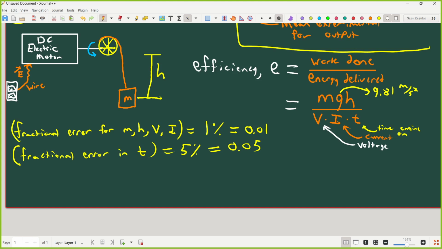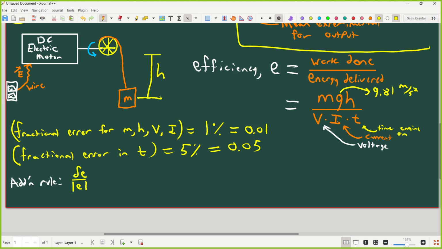So let's think of the naive rule that we talked about, where we just add the uncertainties. No quadrature. So let's try the addition rule, where the fractional error in the efficiency, which is the error in the efficiency divided by the absolute value that you measure for the efficiency of your system, is equal to just the sum of all the fractional errors.